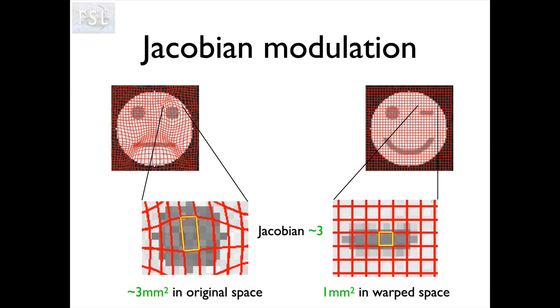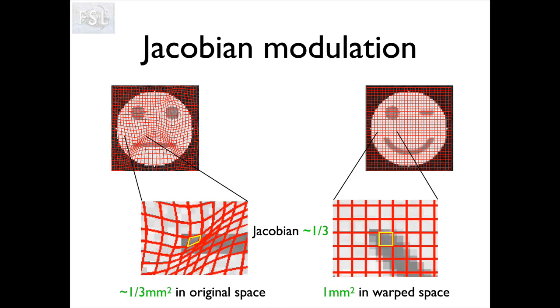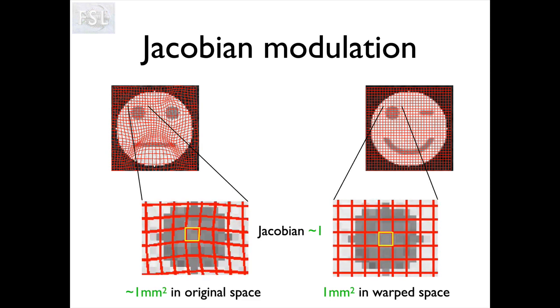So if we look at something in the eye, that eye has changed size dramatically, so the ratio happens to be 3 in this case. If we look at some other area, it might have had to compress in a different way, and here the factor is 1/3 instead. And in other areas, nothing much has changed, so the Jacobian will be 1. The ratio of the before and after volume would be 1.